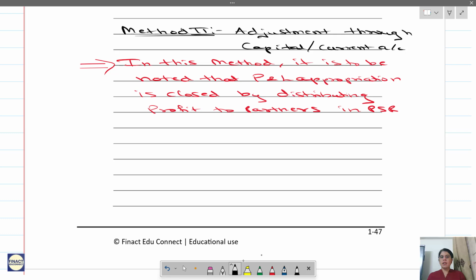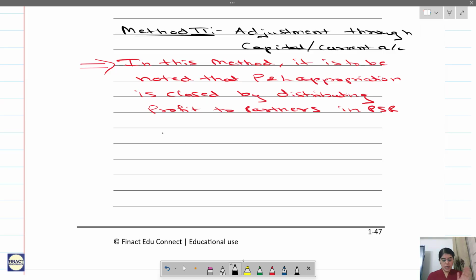But after that we got to know that there is a deficiency. If the profit and loss appropriation account is already closed, there is no point in opening it again. So now we will make some adjustment entries through the partners' capital or current account in such a way that the net effect will be similar to method 1.